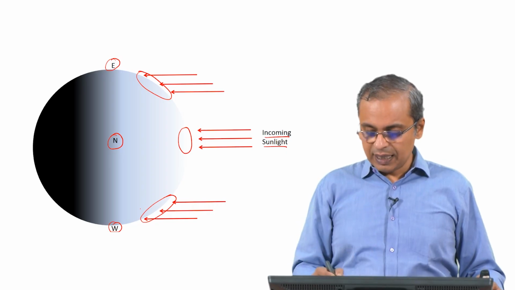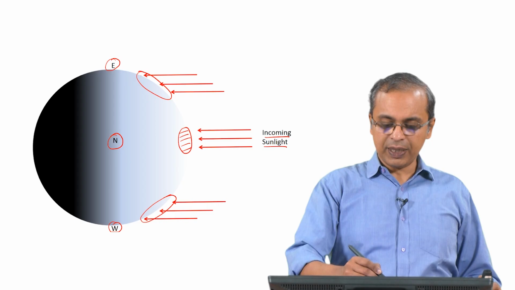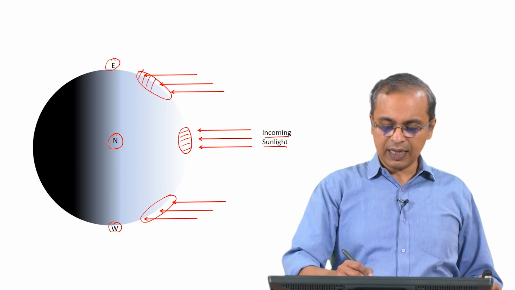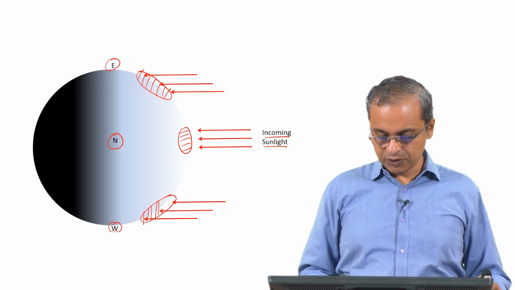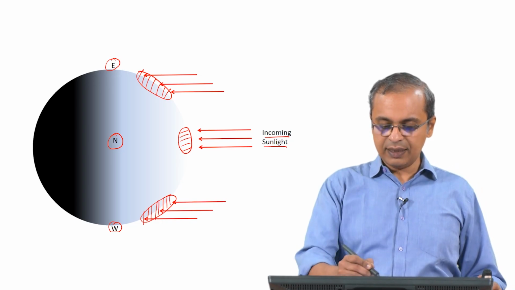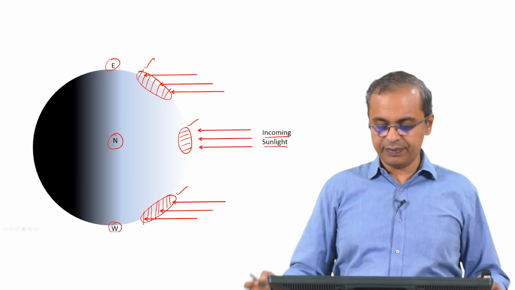That is because the same amount of energy that is coming in during the middle of the day is distributed over a smaller piece of area, but during the early part of the day it is distributed over this larger piece of area, and similarly in the evening it is distributed over this larger piece of area. You can clearly see that this area here and this area here are much larger than this area here, right.